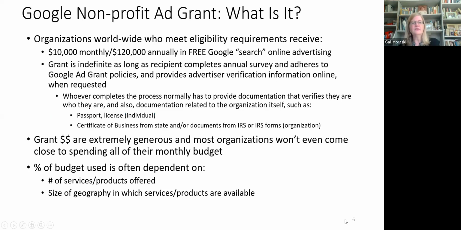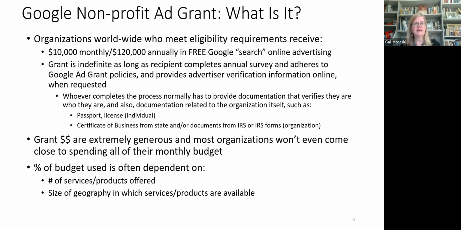So what you get is $10,000 monthly or $120,000 annually in free Google search online advertising. And that is an extremely generous amount of money. Even paid advertisers that pay for their Google advertising often find it difficult to go through that much of an advertising budget on a monthly basis, an annual basis.